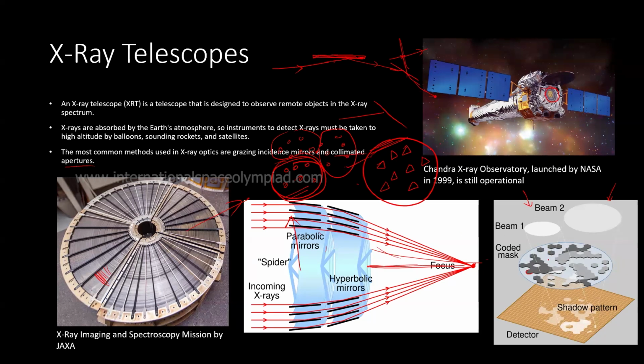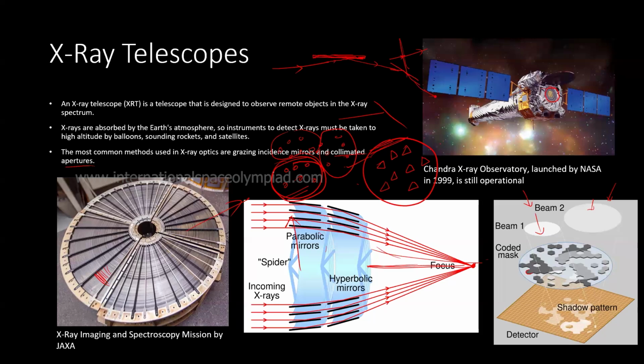That is something called a coded mask, and based on this, using some computer methods and some mathematics, we can find out what the source looks like. For these beams to come, some other techniques will also be used. So this is another way to determine what kind of source it is in X-ray telescopes. So that is about X-ray telescopes.